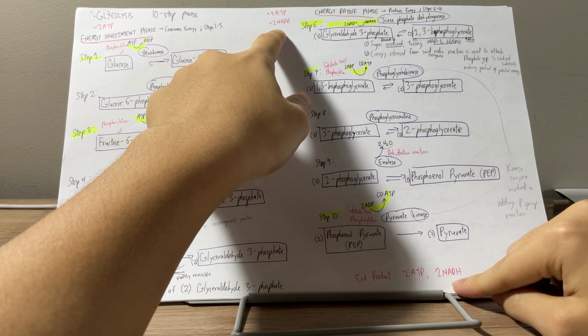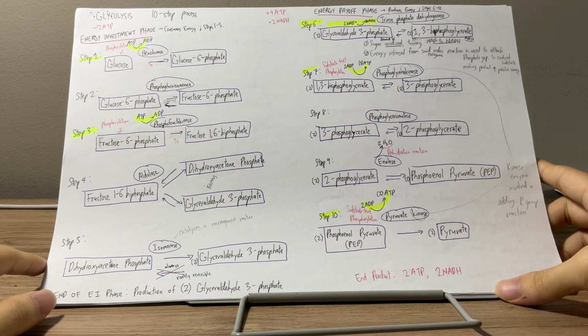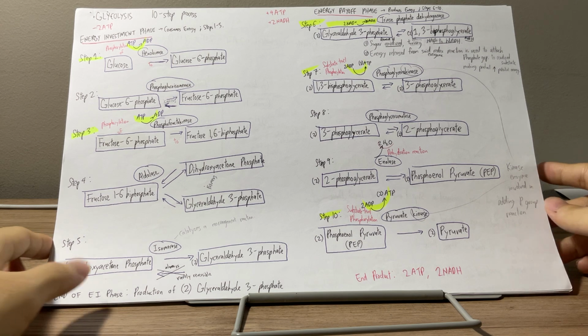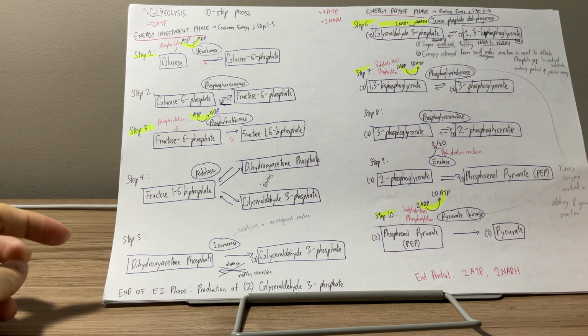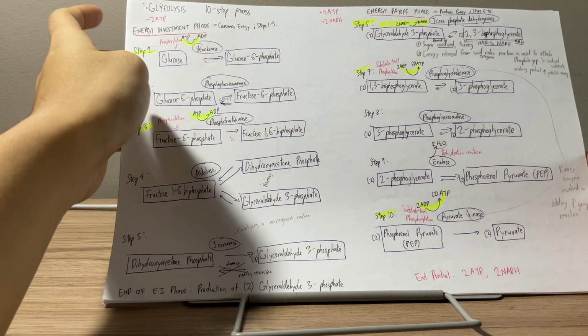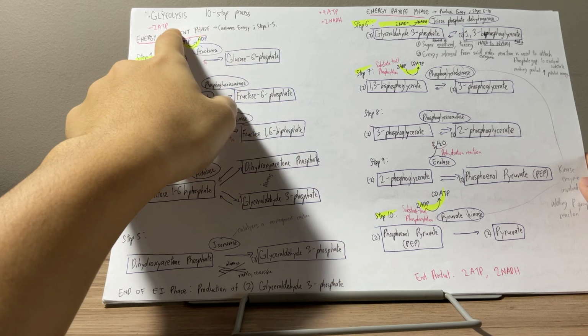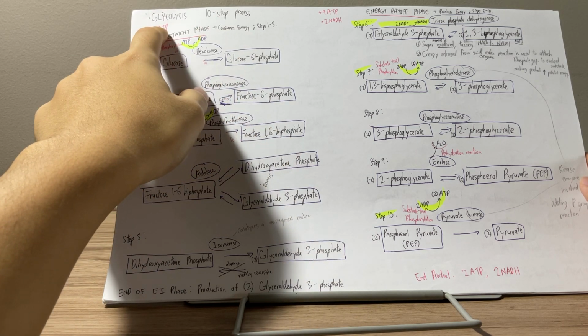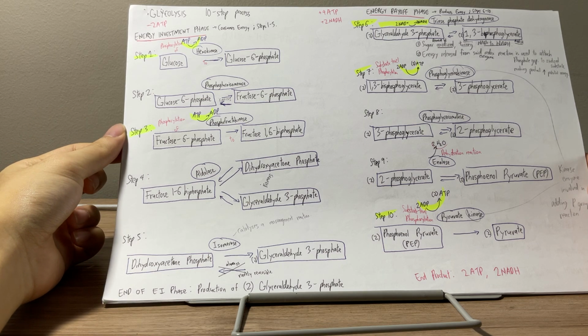Because NADH is the same number, 2 and 2, as you can see here. We'll see. I hope we get the answer later as we go through the steps. But yes, the energy investment phase consumes energy, like I said. So you'll be spending ATP, what's currently existing in the cell.